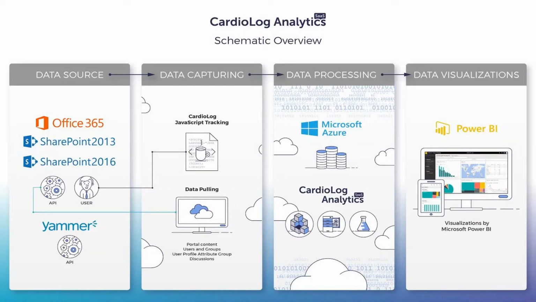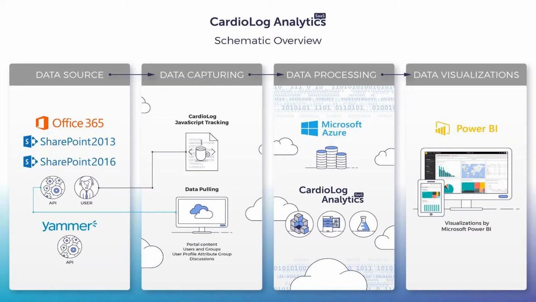Up until this point, everything is very similar to the way CardioLog on-premises works. The main difference starts from this point. When data is captured, it's sent to our service, which is hosted in Azure. This is where we process the information and prepare the actual analytics out of the raw data. Finally, for data visualization, we utilize Power BI.